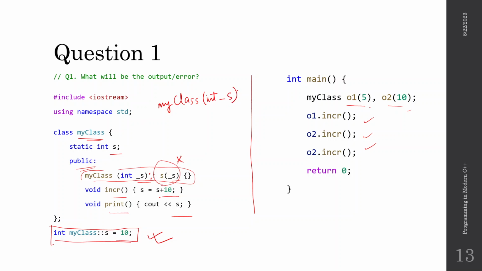Suppose I write the constructor like this, and inside the constructor body we can write S equal to minus S. This is different from the initializer list, because the initializer list initializes the variables, but here we are assigning the variable, which is different, and this will be allowed. It will have the same output, but this is allowed and this is not allowed.